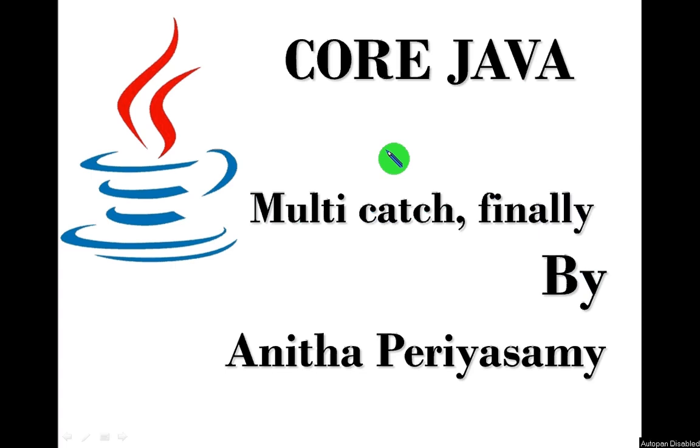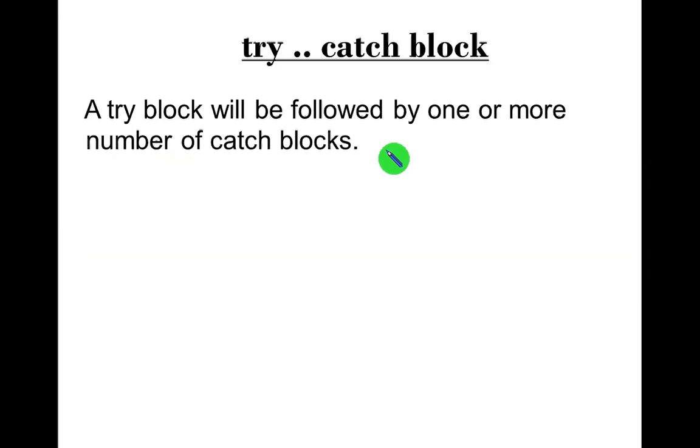Now we are going to see how to use multi-catch blocks and finally blocks while handling the exceptions. Try-catch block. A try block can be followed by one or more number of catch blocks.